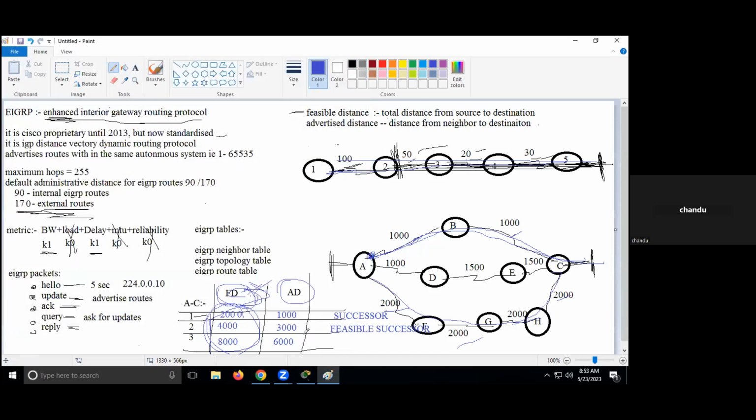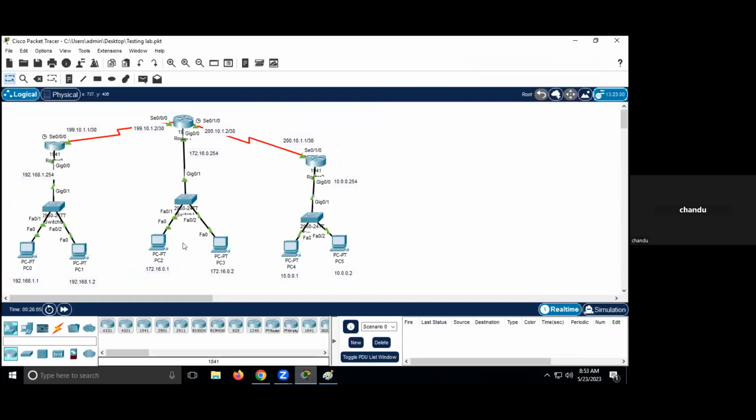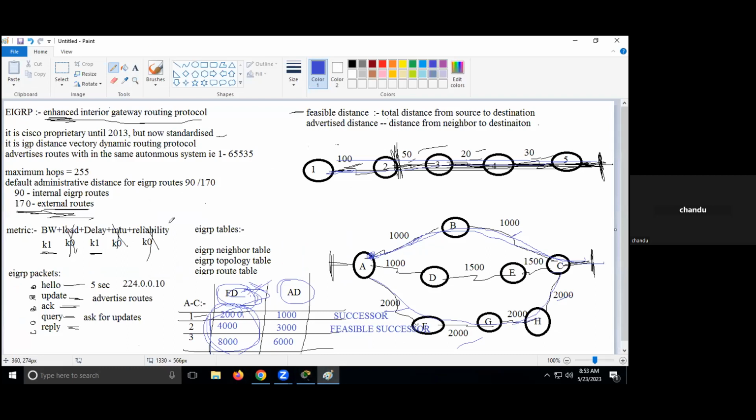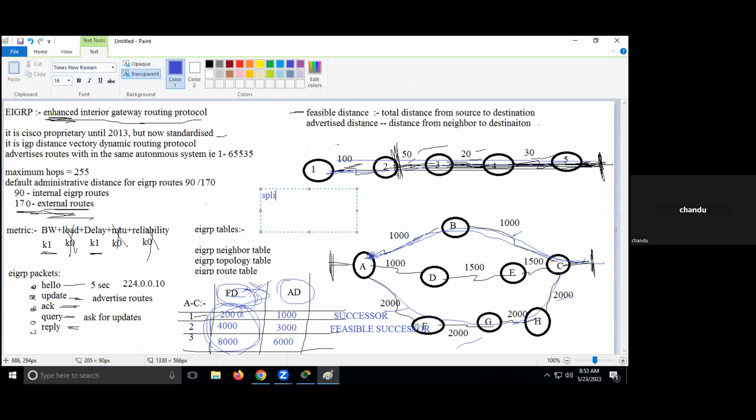So let's configure EIGRP and understand how EIGRP is going to work. EIGRP is a 100% loopless routing protocol, because it enables the split horizon rule. Understand this, all these are technical words.